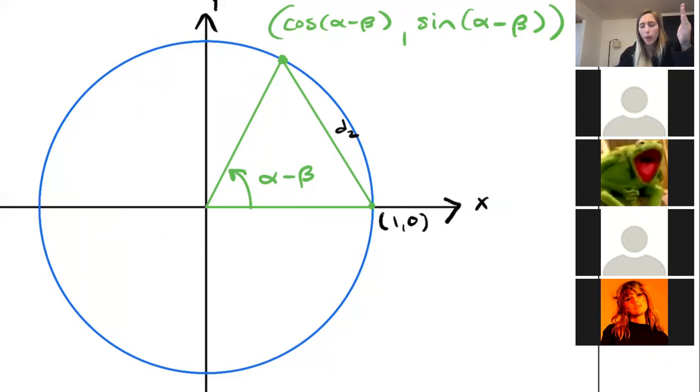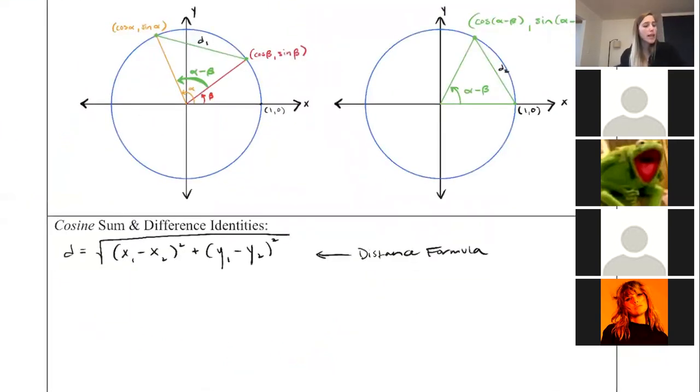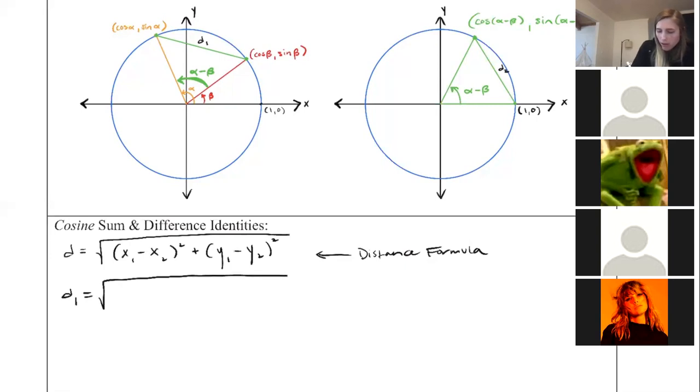Yeah, it did. Cool. So I'm going to come up with 2 statements: the statement for d sub 1, distance 1, and the statement for d sub 2, distance 2, using the distance formula. So d sub 1 would be the square root of the change in x coordinates, right?